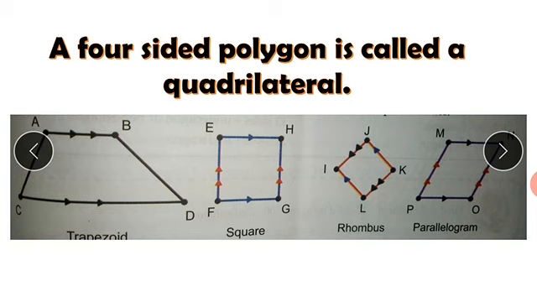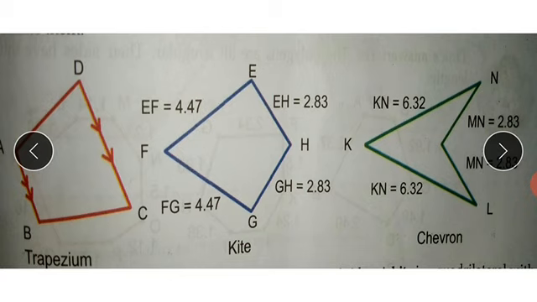And there are also quadrilaterals that have no parallel sides. These are the examples. First, we have the trapezium. A trapezium is a quadrilateral that has a pair of parallel sides.